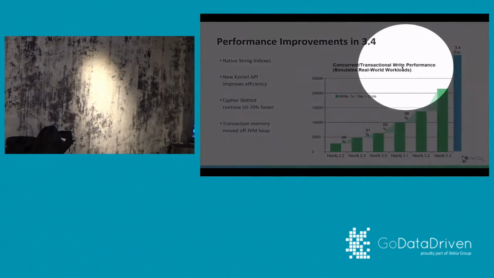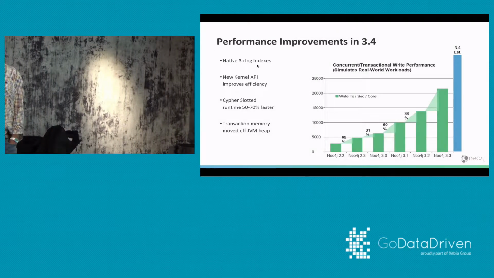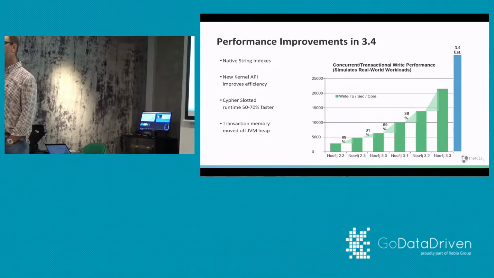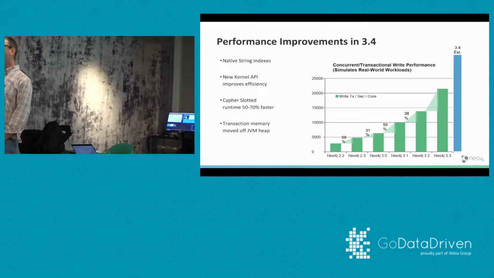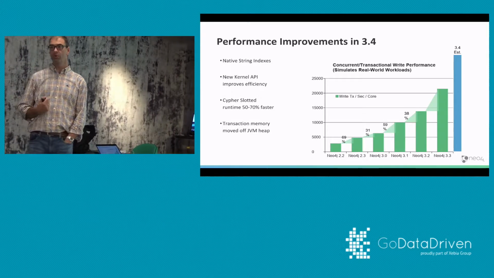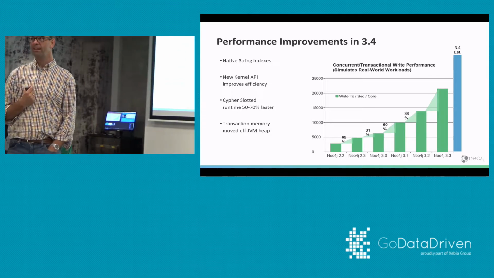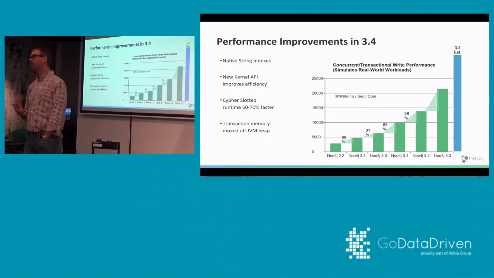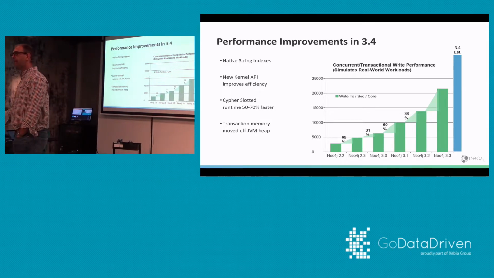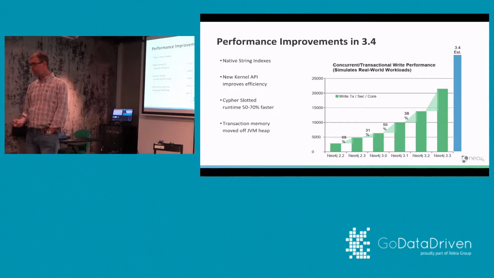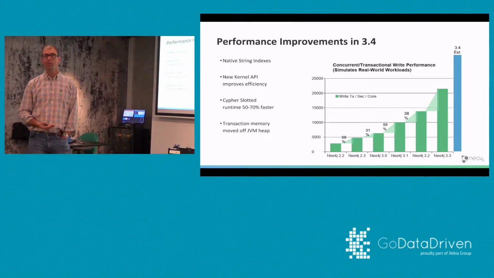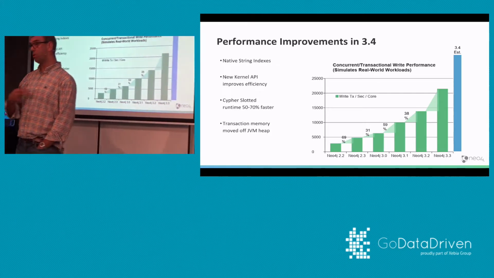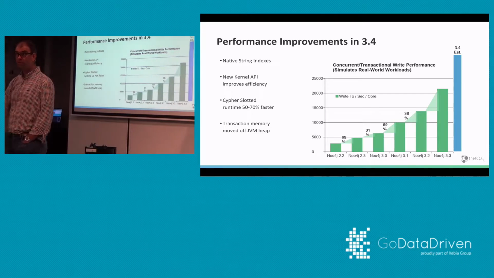Well, the first reason is this thing here: native string indexes. I don't know if you're familiar with this, but Neo4j has always used a third-party system for indexing. Back in the day in the Java API, when you were creating indexes on top of the graph to get access to the graph, you would use Lucene, the Apache Lucene project, which is the foundation that not only we use, but also things like Elasticsearch use under the hood.